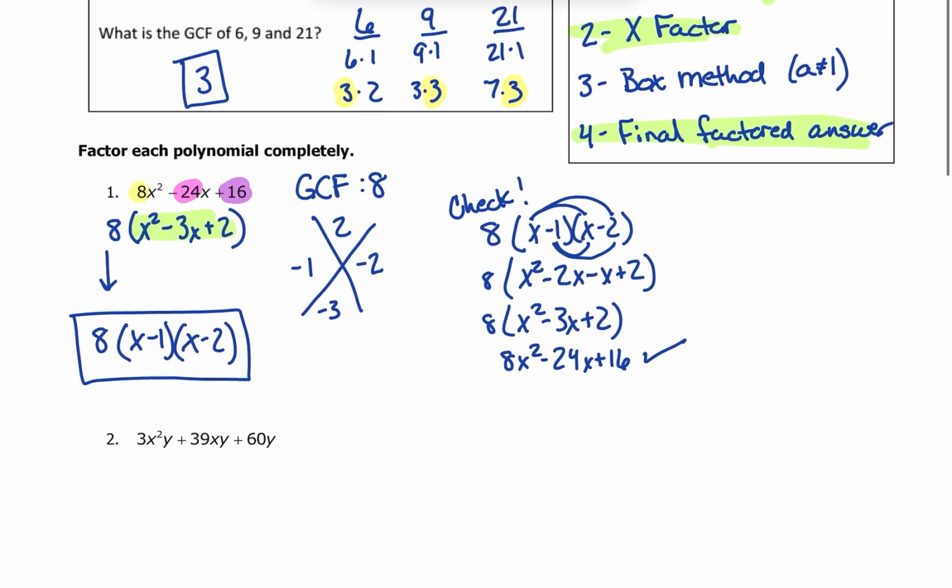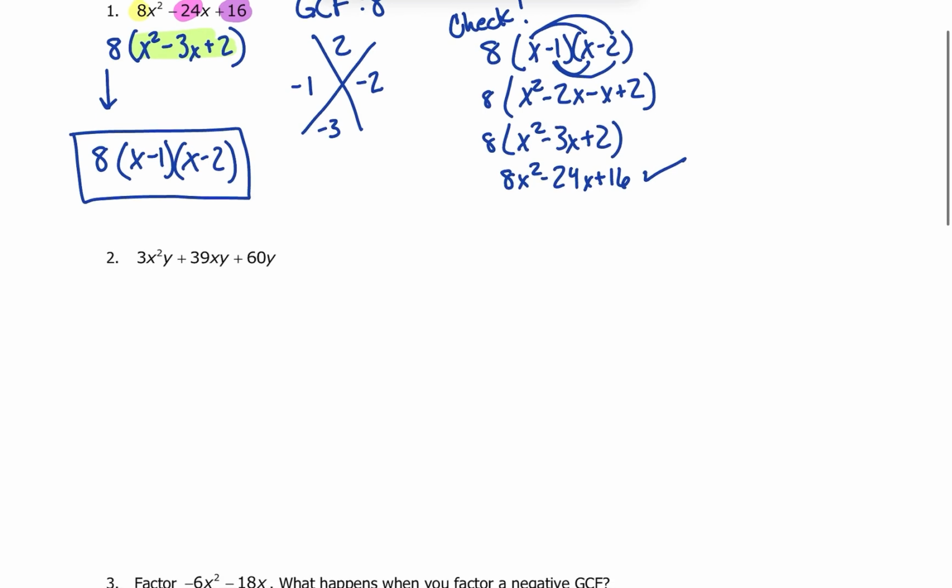Let's look at number 2 and the GCF for number 2. If you notice, for this one, we have our A, B, and C, just like normal, and we have a GCF of 3, because 3 goes into 3x squared y. 3 goes into 39, and 3 goes into 60.